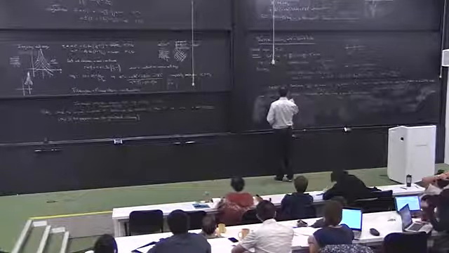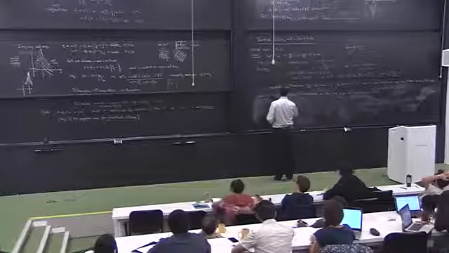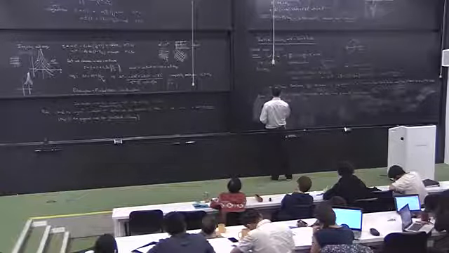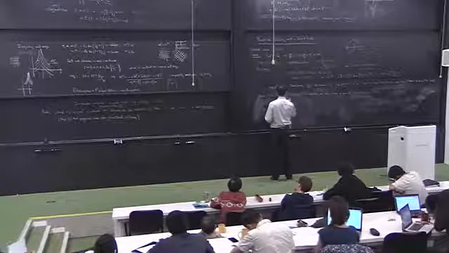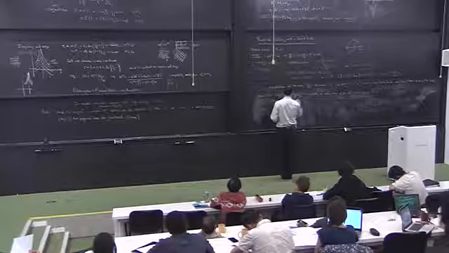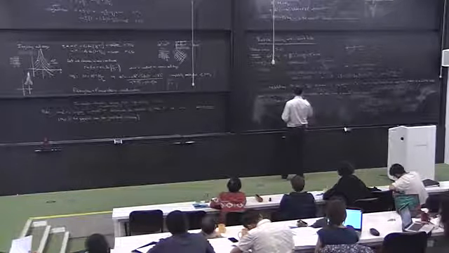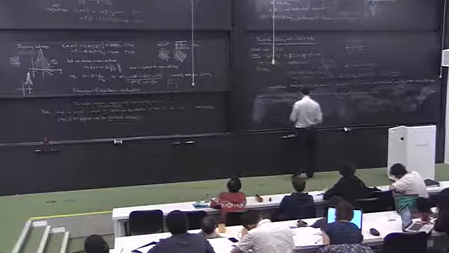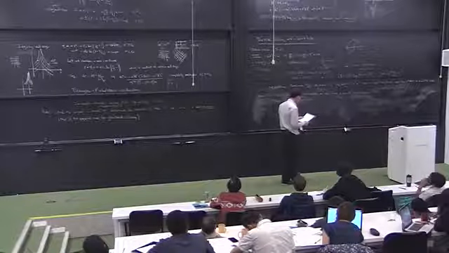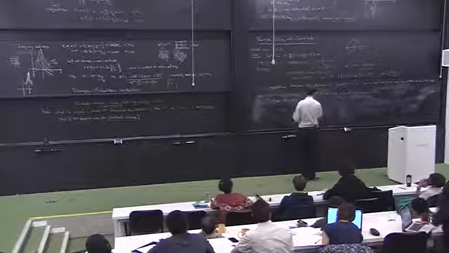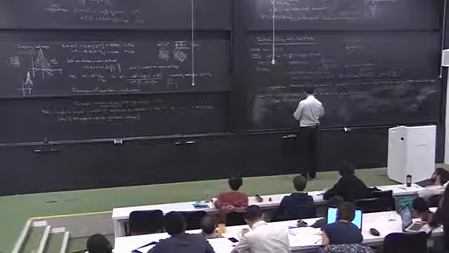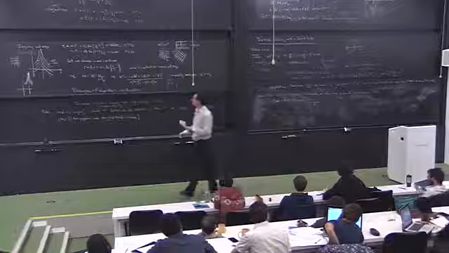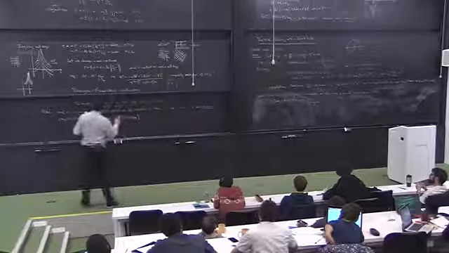So in ingoing coordinates, we have two sets of radial light rays: dV equals 0, and the other solution to ds squared equals 0, which is dV equals 2 over alpha dr. Where can we see that?